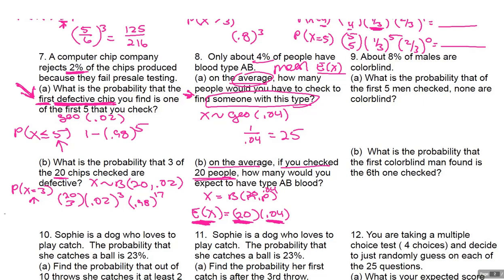Take a look at number 9. 8% of males are colorblind. What's the probability that of the first 5 men checked, none are colorblind? Now think about it. A geometric distribution is when I want to find the first.